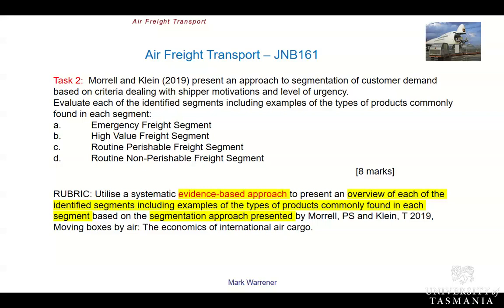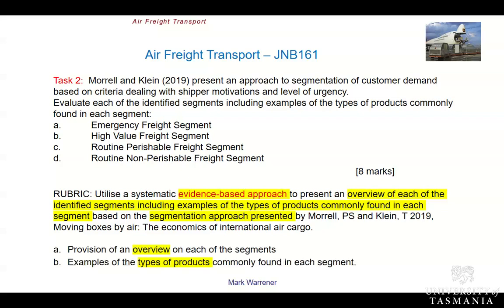Now, this is the segmentation process that we discussed in lecture 4. It's also a reading. So in many ways, it's reviewing that reading and responding to filling in the gaps and providing some additional information. So it's an overview of each of the segments and examples of the types of products commonly found in each segment.